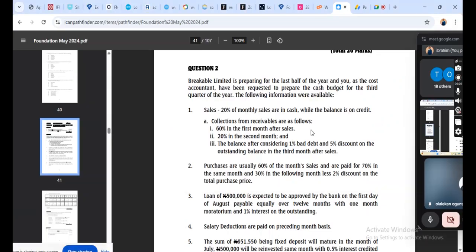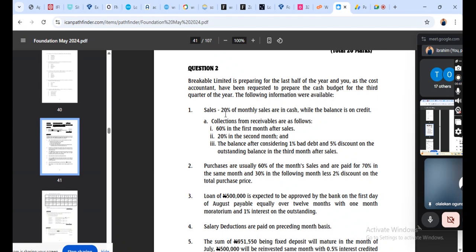Now, what happened here is that it's a very technical question, like I mentioned, because technically, it is more than 120%. Is that not so?